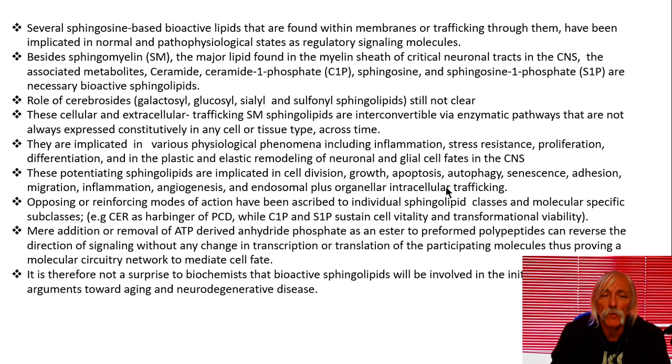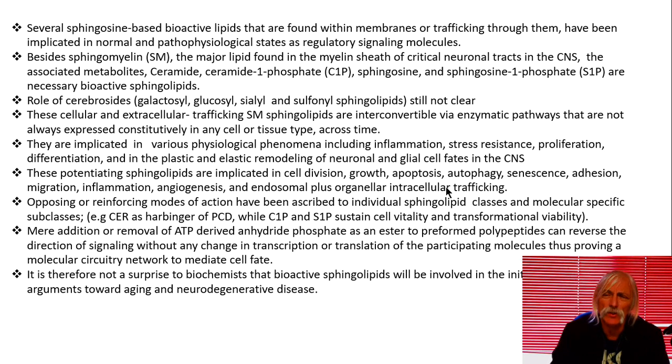So mere addition or removal of ATP-derived anhydride phosphate as an ester to preformed polypeptides can reverse the direction of signaling without any change in transcription or translation. We call those things kinase cascades. Kinase means you add anhydride phosphate. So change in transcription or translation doesn't happen of the participating molecules, thus providing a molecular circuitry network to mediate cell fate.